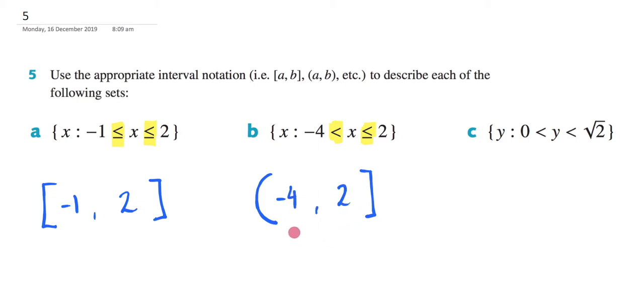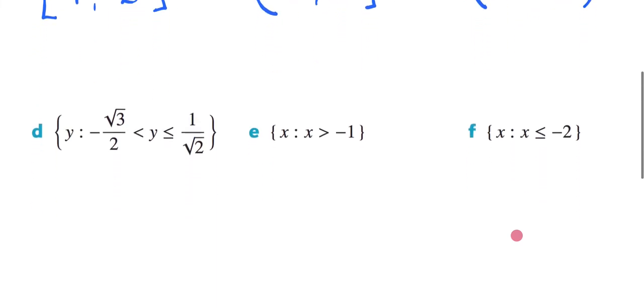This is telling us I'm going from -4, not including it, all the way to 2, and I am including my 2. Let's now move on to the next one, and notice that we don't have an equals to sign here. So it's going to be round bracket 0, comma, square root of 2, and another round bracket.